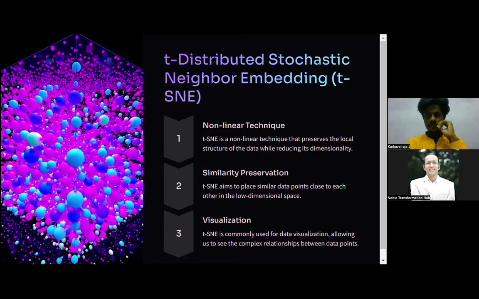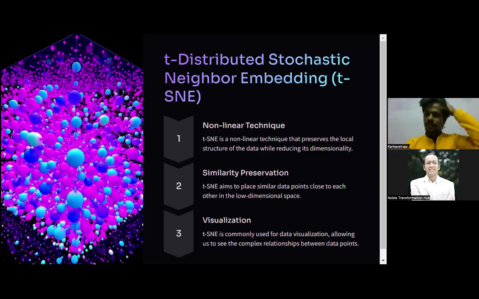The objective of this technique is to reduce the dimension into a low dimensional space so that it is optimized and there is performance optimization. Then, visualization: t-SNE is commonly used for data visualization, allowing us to see the complex relationships between data points.